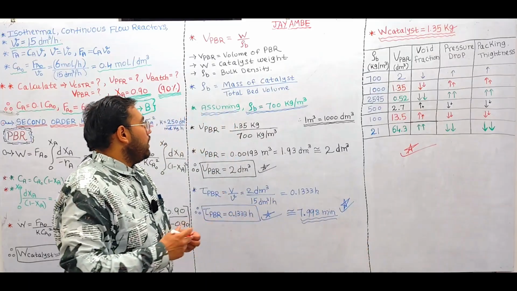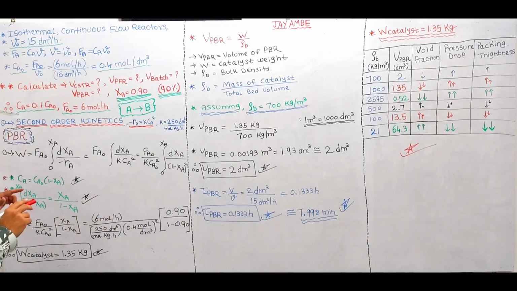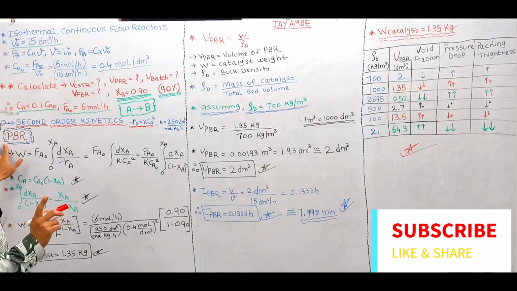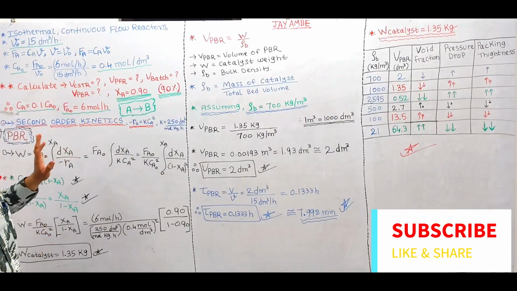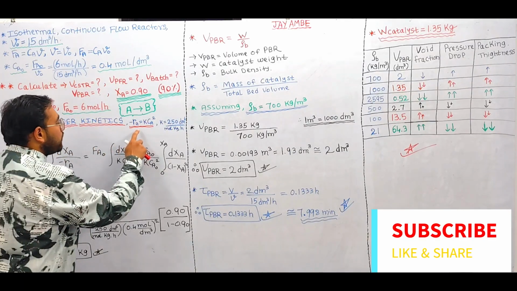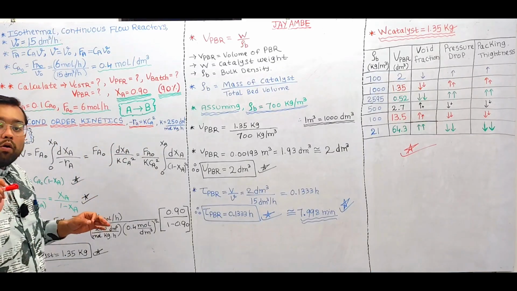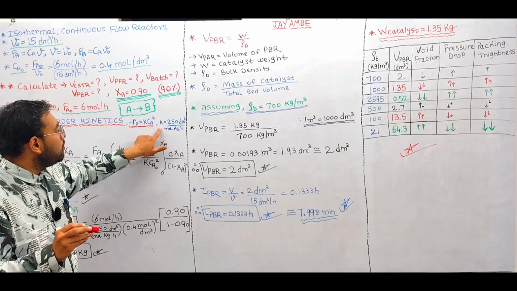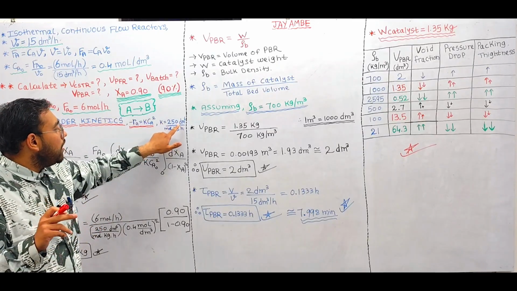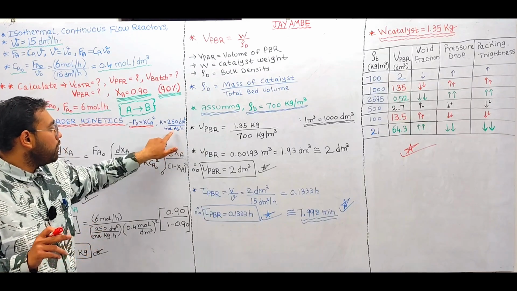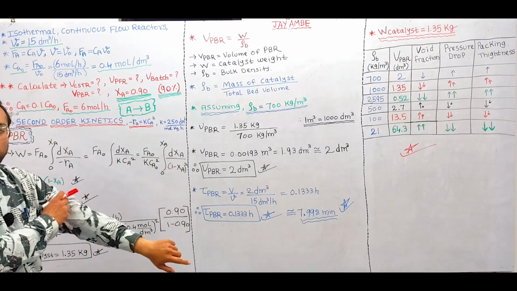So let's say now we are selecting the packed bed reactor as the reactor model, right? Again remember, we are keeping all the operating parameters constant. We are solving for the second order reaction kinetics for the given rate law, minus Ra is equal to K Ca square, where the rate constant value is K is equal to 250 dm raised to 6 divided by mole per kg hour, right?